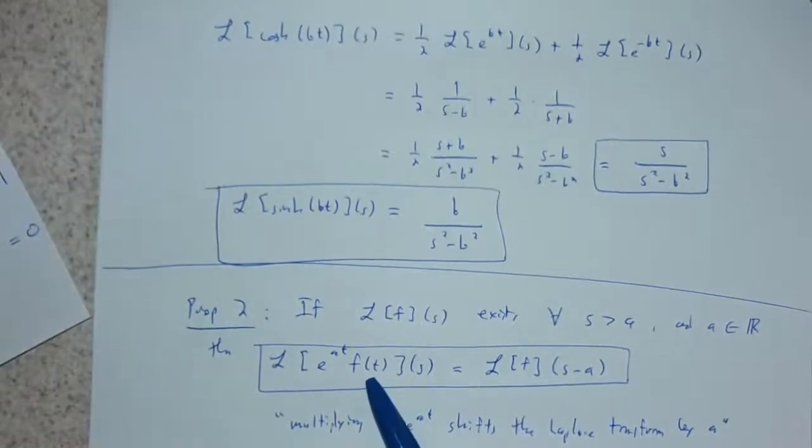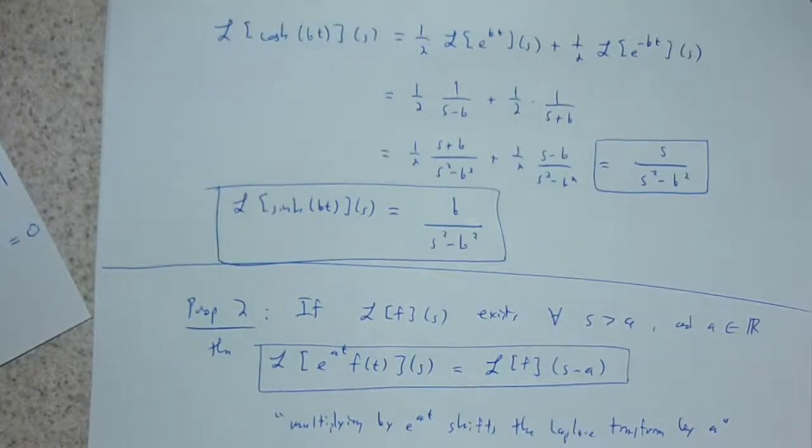So you have a function, you multiply it by e to the at. If you take the Laplace transform of that multiplied thing, that is like you took the Laplace transform of f and then just shifted it.